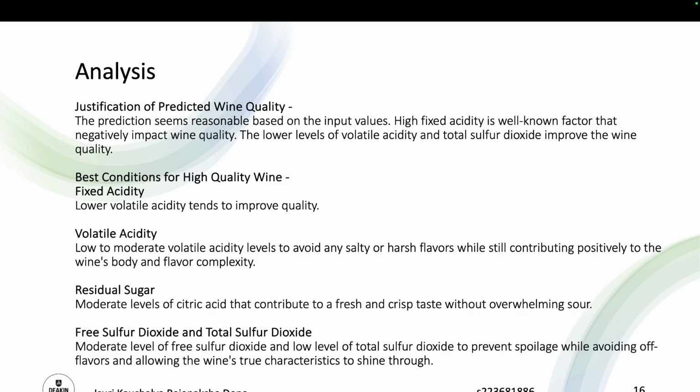Why this is: volatile acidity is low, which helps quality, and free sulfur dioxide is moderate, supporting stability without over-sulfuring. Residual sugar is modest and consistent with typical table whites, and fixed acidity is not extreme.